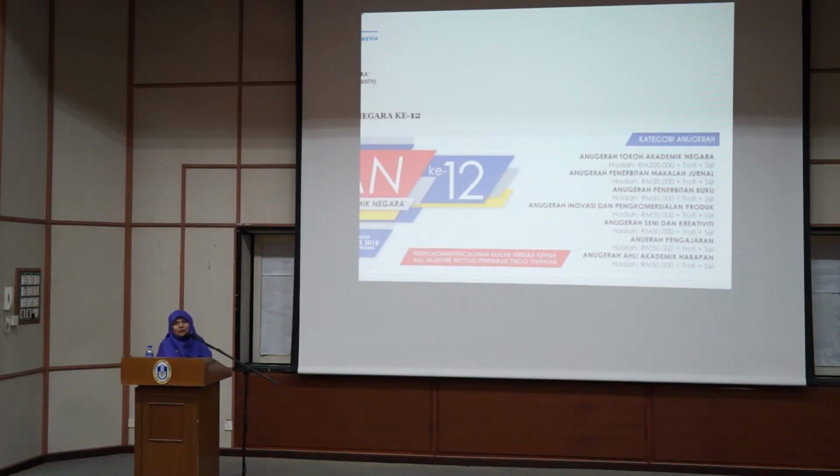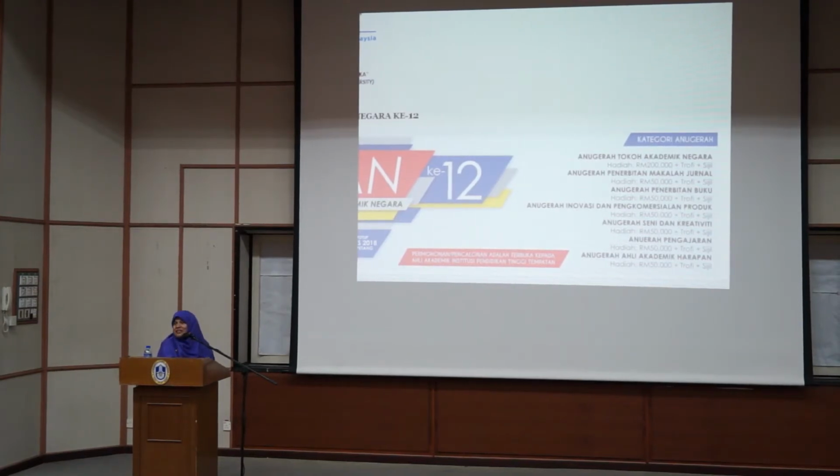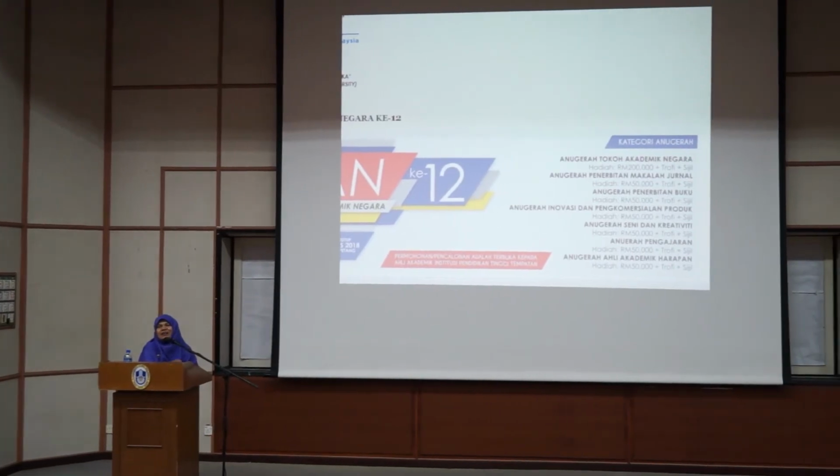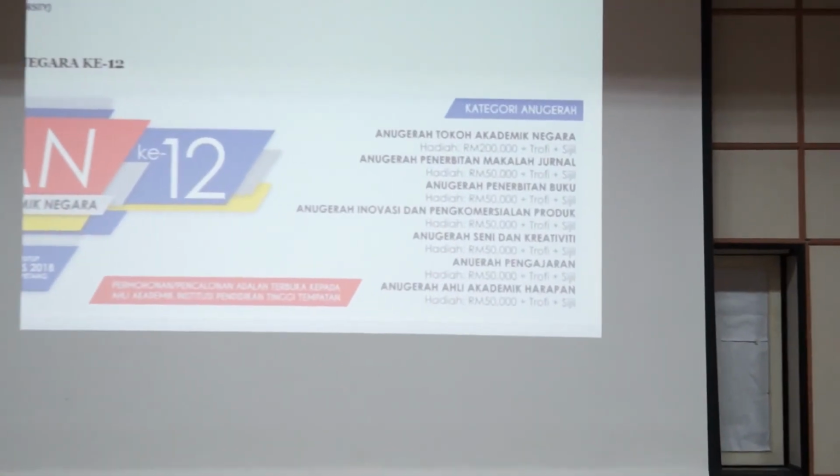But in order for you to get Anugerah Tokoh Akademik Negara, you would probably need to be at least 60. Because thus far, looking at previous award winners, they will all have served many years and influenced the education in the country.